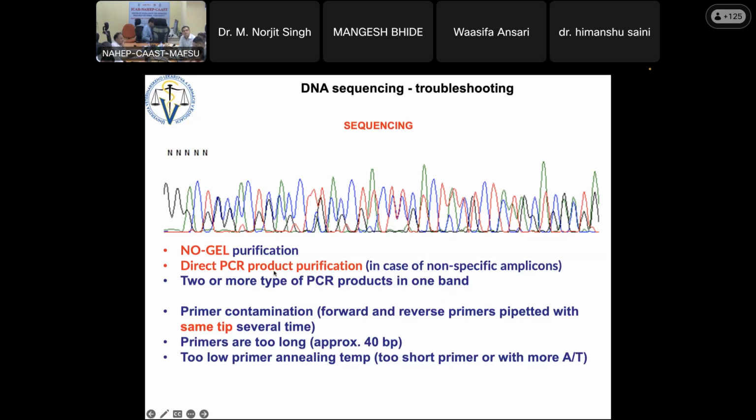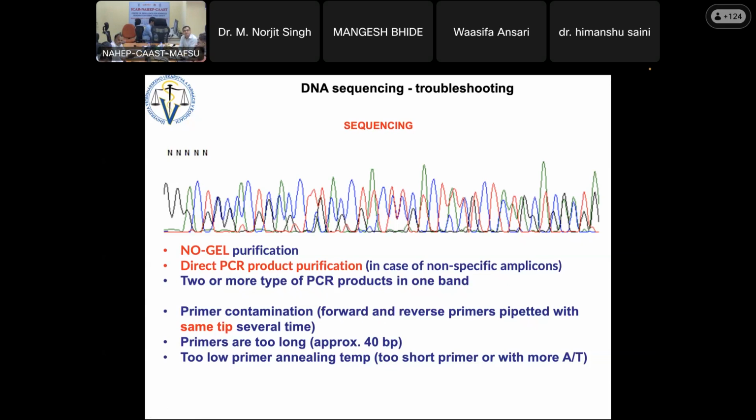That means there are 2 or more types of PCR product in the sequencing reaction. It is not rare; it is quite frequent. This problem starts from the PCR.